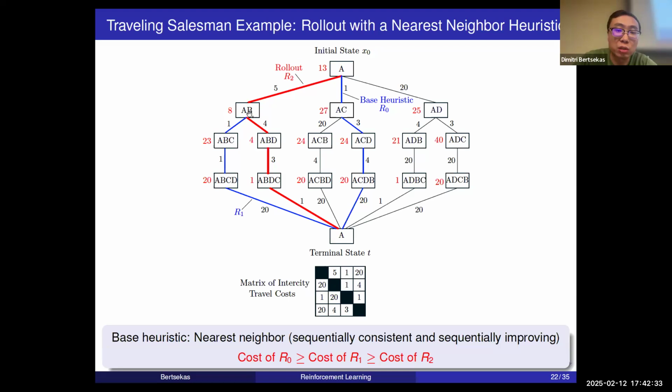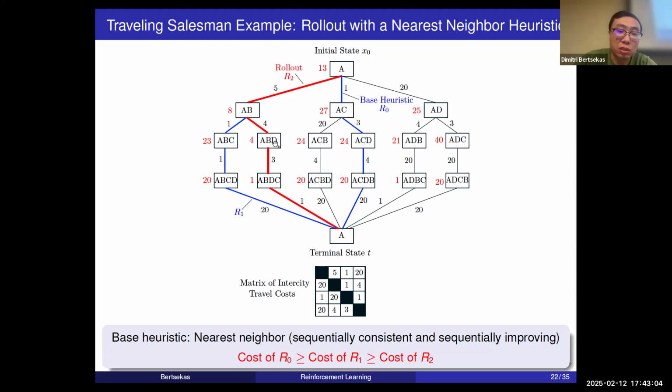Therefore, we switch to this city, B, and starting from here, again, if we follow the base heuristic, it's going to follow this path, right? However, by running rollout, we look at all the subsequent alternatives, C and D, and starting from those two, run the base heuristic, which compares the distance of those two alternatives.